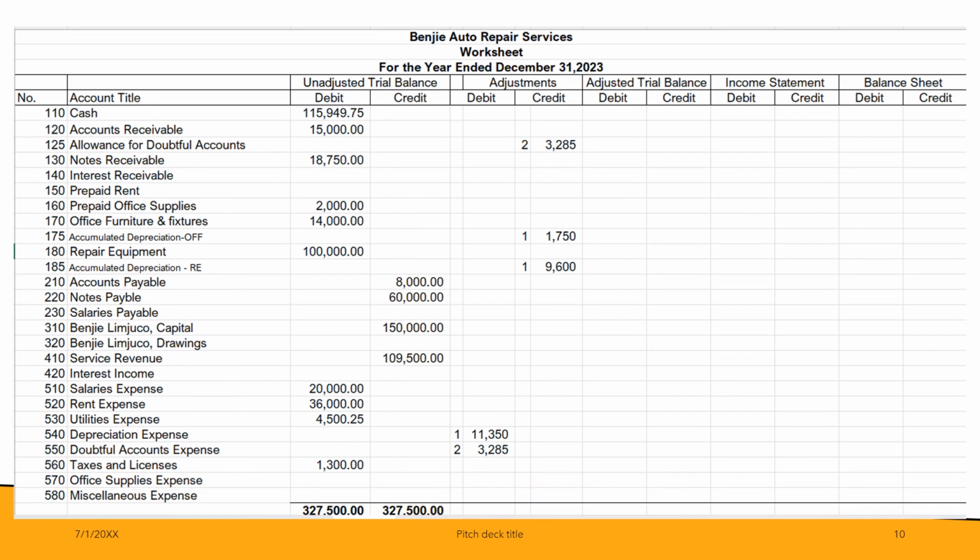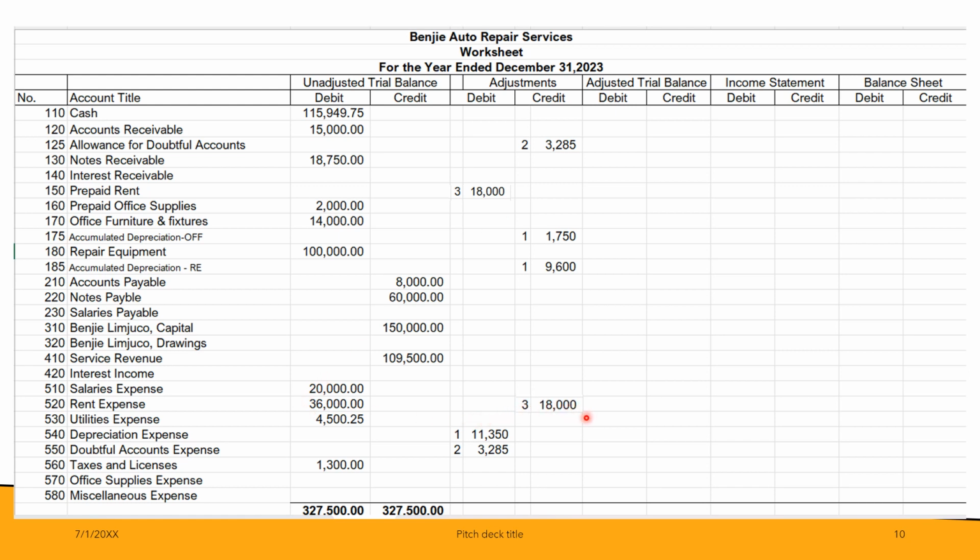Since the entity used the expense method in recording the payment of rent, the adjusting entry should be a debit to what? A debit to prepaid rent. And based on our computation, the prepaid rent should be equivalent to 6 months rent, which is 18,000. How about your credit entry? It should be rent expense, which is also 18,000.